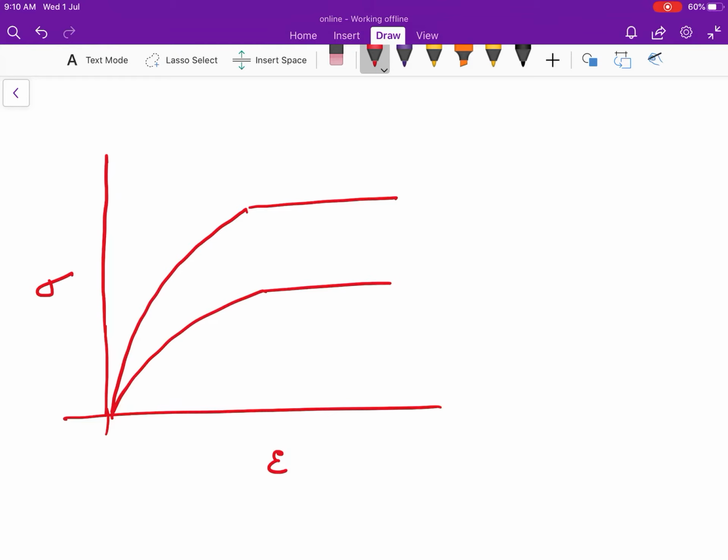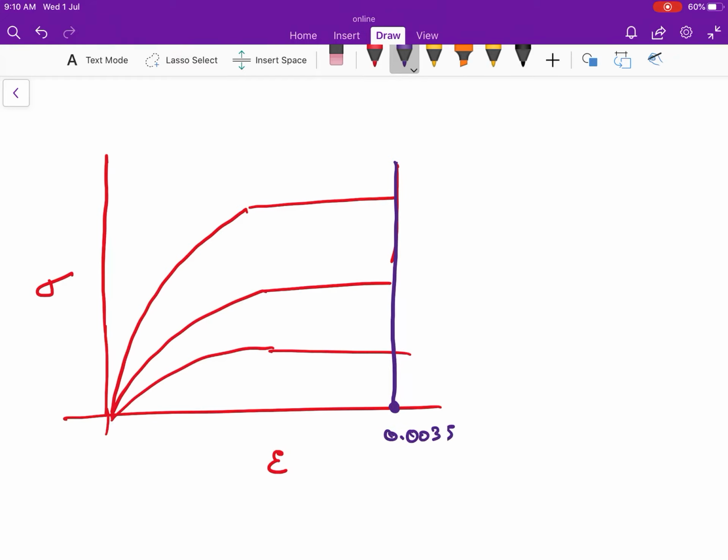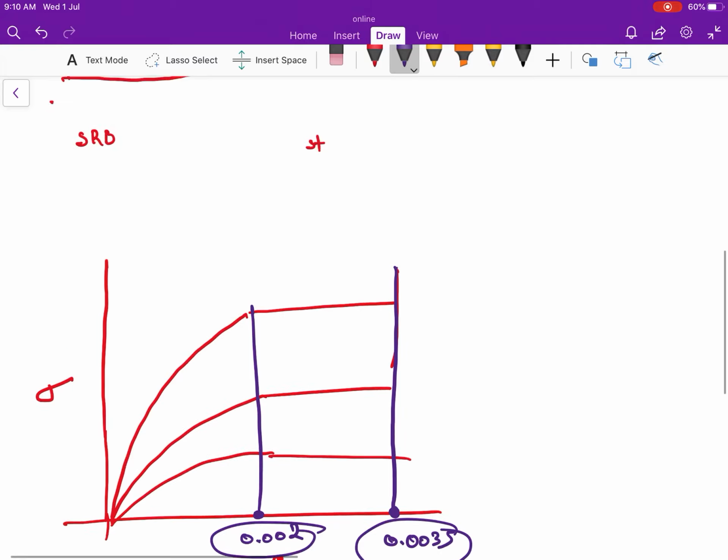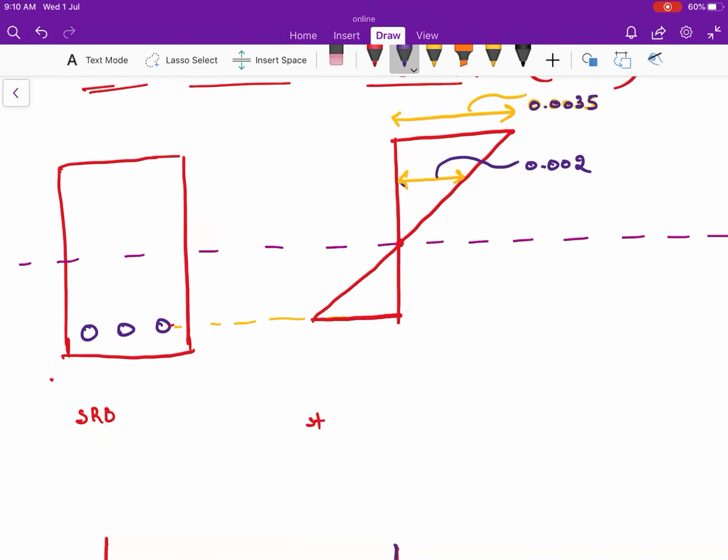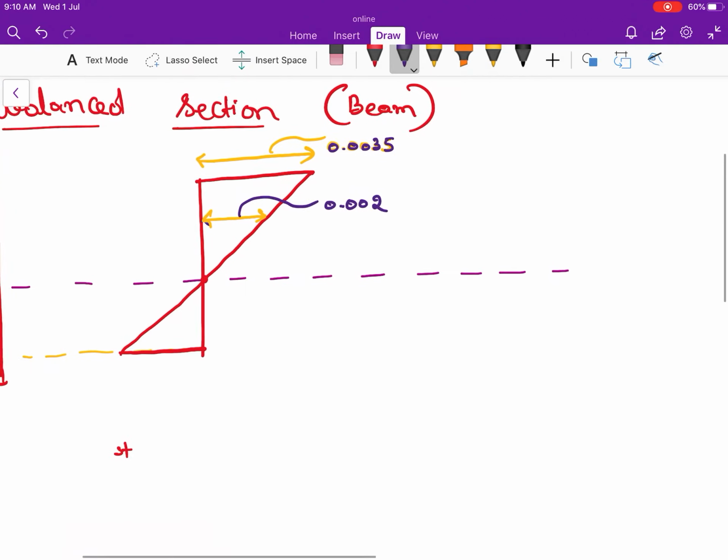It comes like this, where you can see the maximum compression fiber strain is 0.0035, and at this position it is 0.002. This is for the compressive strength of the concrete. In the same way I am putting these two values in this strain diagram, one is 0.0035 and this is 0.002.